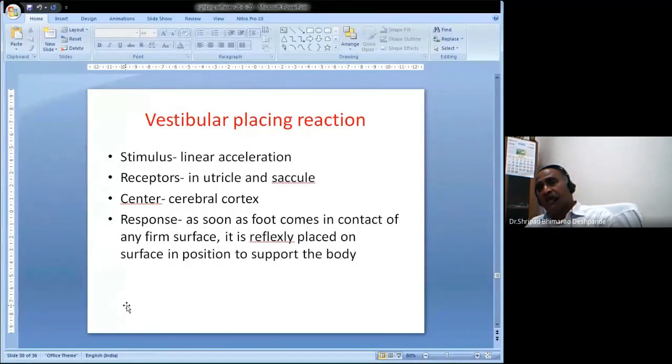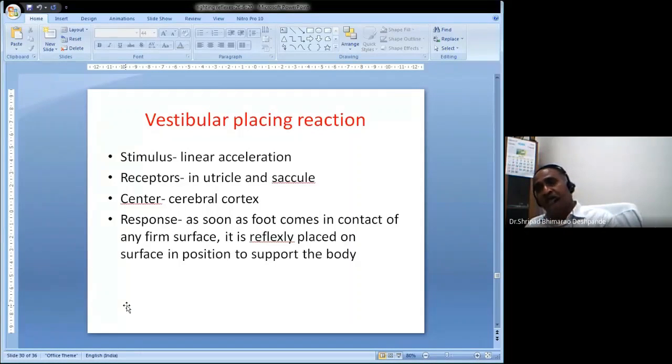These placing reactions and hopping reactions utilize the visual and the vestibular cues. They try to place the body in a particular position. You just saw the monkey there. Then the stimulus is a linear acceleration. The receptors are the utricle and saccule.